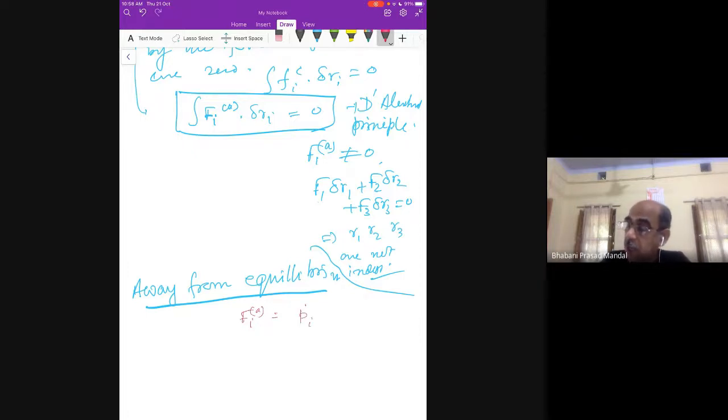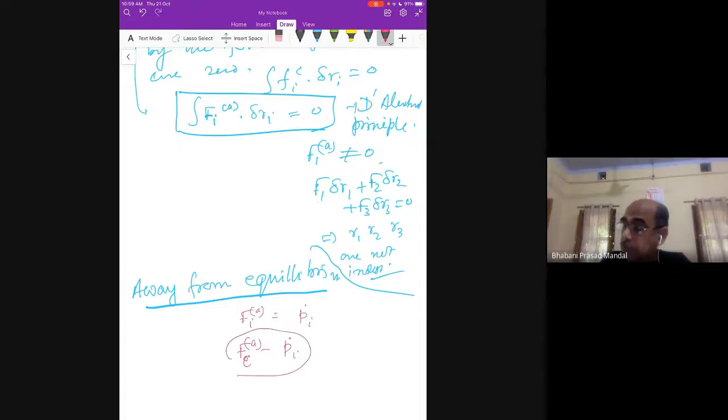But if you are away from the equilibrium, there is a net force, then F_i^a minus p_i dot will be the effective force, right? This is the force due to Newton's law. So if you are away from the equilibrium, the system will have some residual force, whereas in equilibrium there is no resultant force.